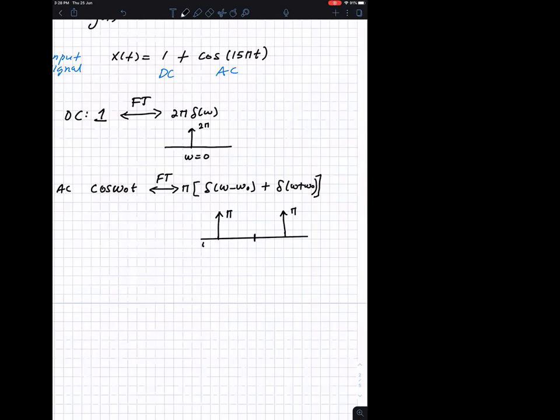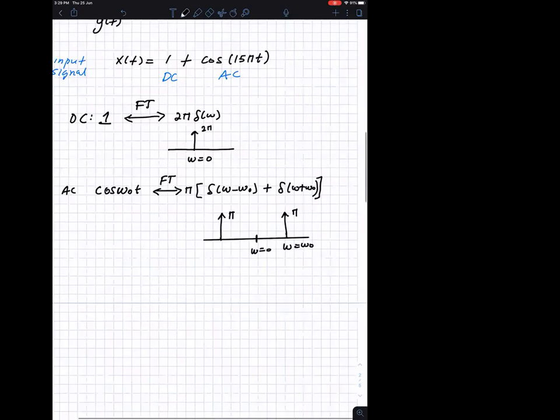In the middle is 0, omega 0. So at omega equals omega naught, you have one delta with amplitude pi. And at omega equals minus omega naught, you have another delta function with amplitude pi.